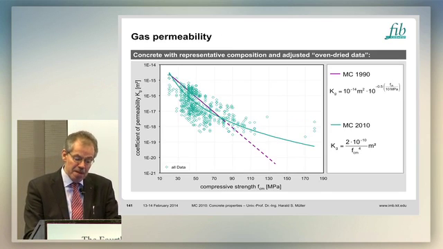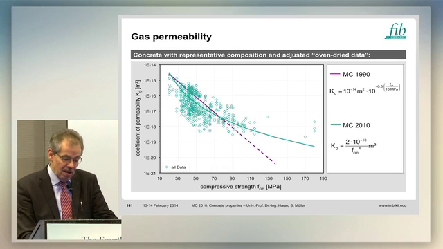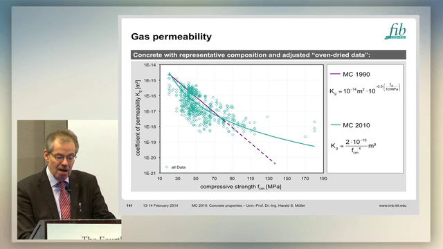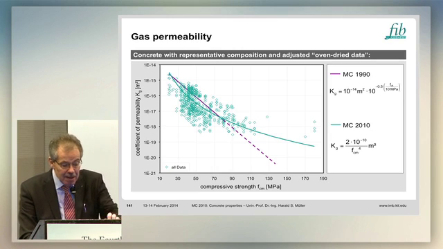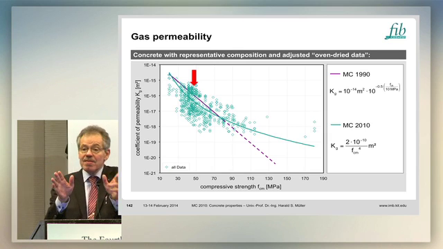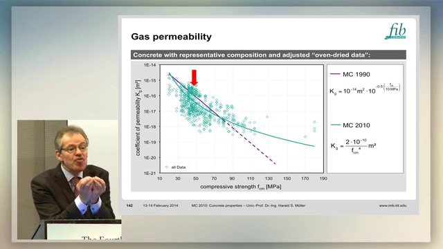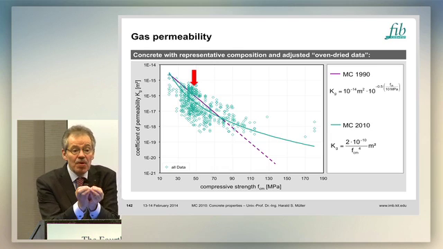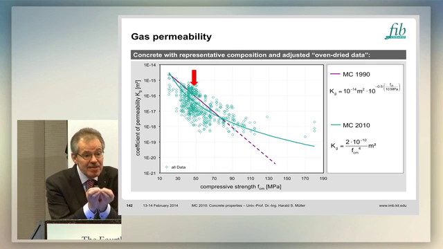Again, for gas permeability, same principle. The coefficient plotted over the compressive strength. Comparison of the old and the new model. Please see there is, in fact, a large scatter, which actually means that the compressive strength is a crude estimate. But it is the only one normally the designer has at the stage of design.